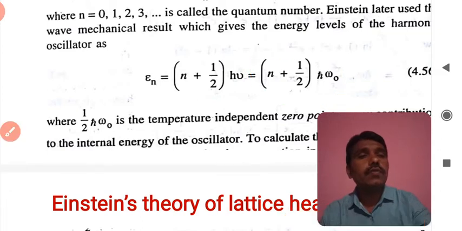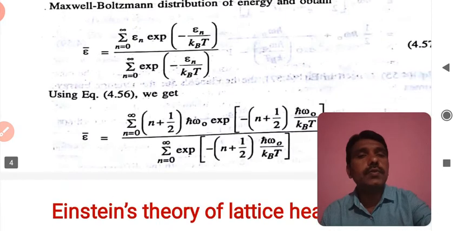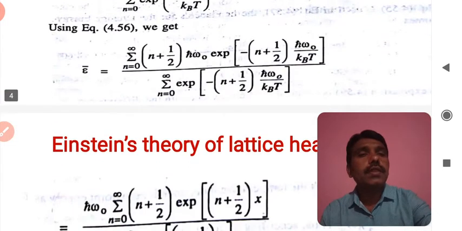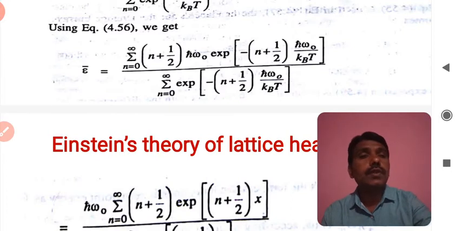So when we put this relationship into the Boltzmann distribution average energy relationship, we will get a new relation, and that new relation is given here.